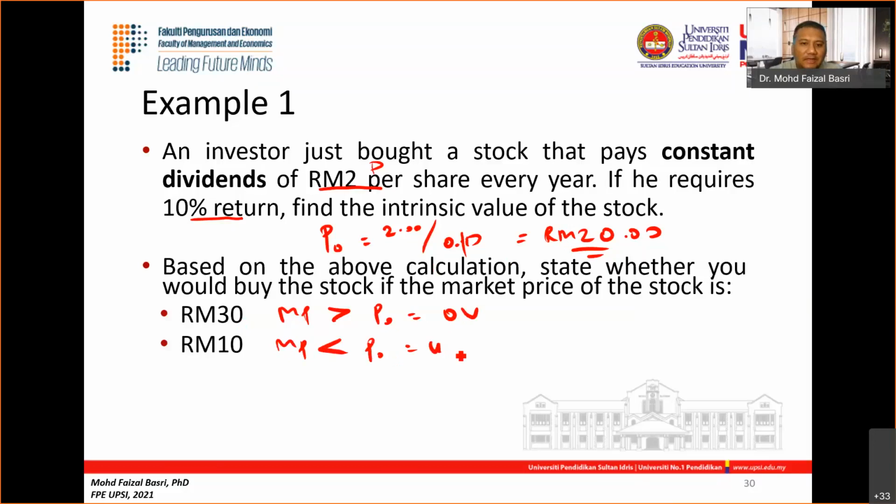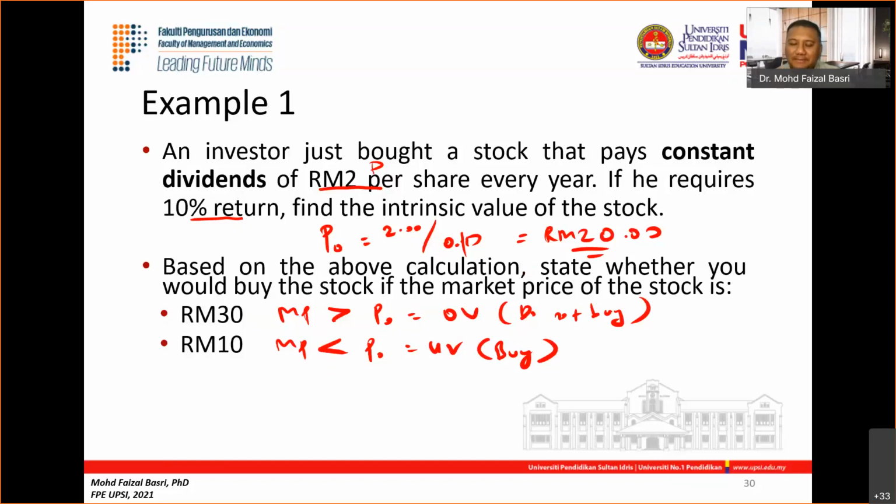So this is undervalued, and for undervalued, yes, we buy this one. For the justification, it is still the same. We still refer to the same justification.